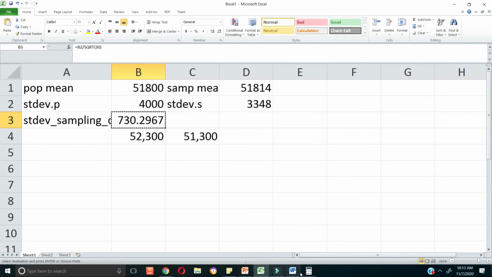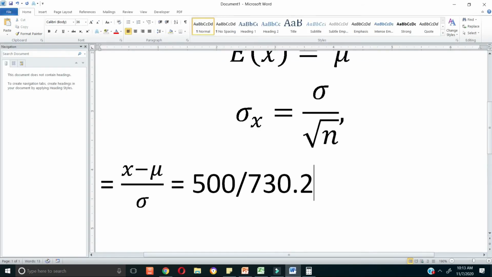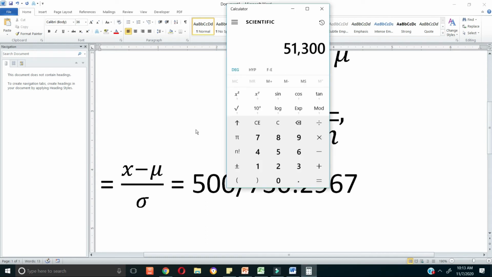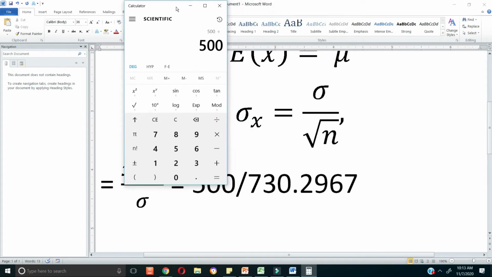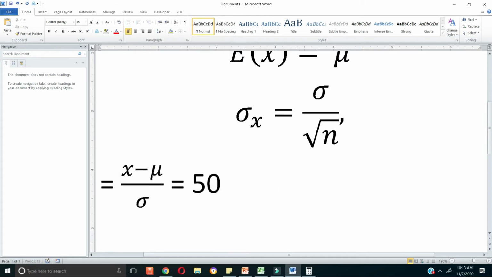So we have 500 divided by 730.2967, and what does this give us? It's basically 0.68.